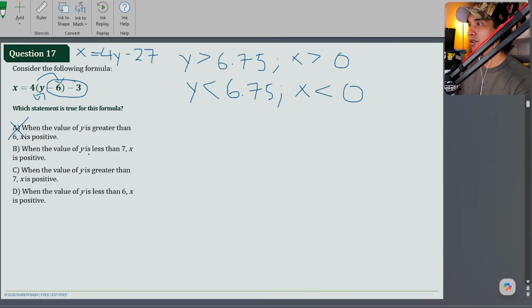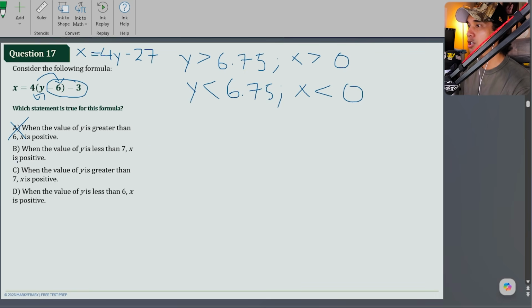Okay? When the value of y is less than 7, x is positive. Now, this is where it might get tricky, okay? Because above 6.75 yields positive values, but once we cross it and get below 6.75, then they become negative.